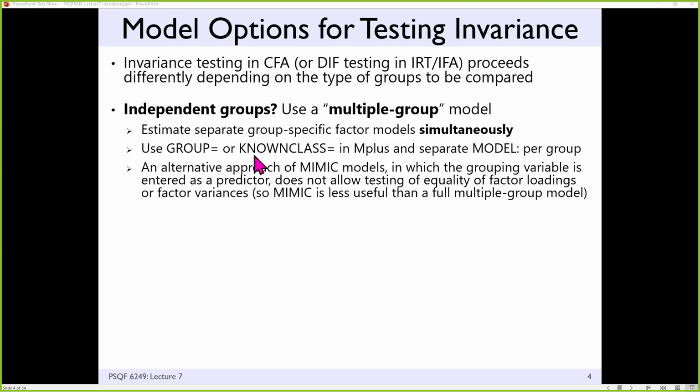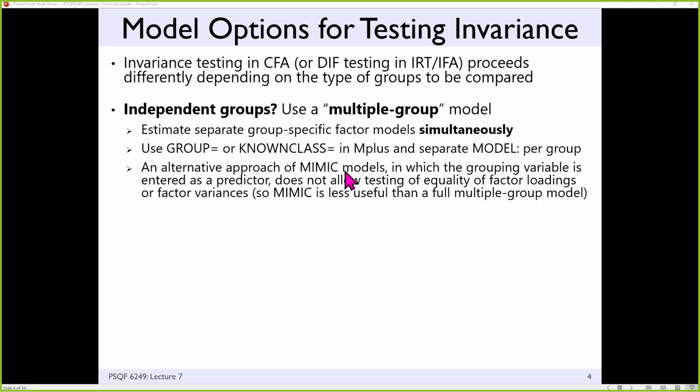If you are doing IRT models using full information maximum likelihood in Mplus, then the code is a little bit different. You have to trick it into doing a confirmatory mixture model via known class. It's just a coding thing. It's not a mixture model because you know what your groups are. It's just a different way of setting it up.